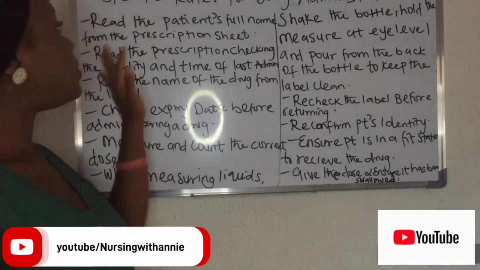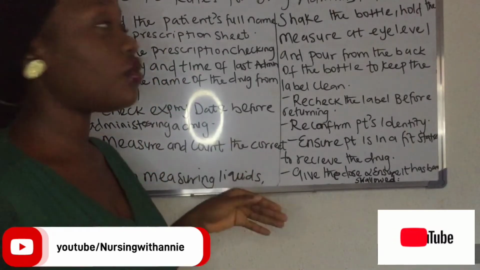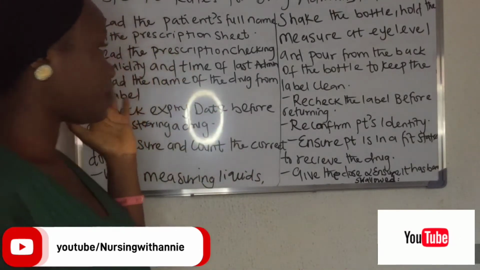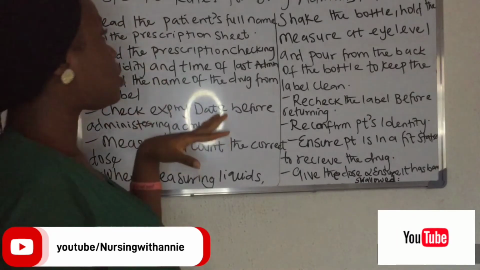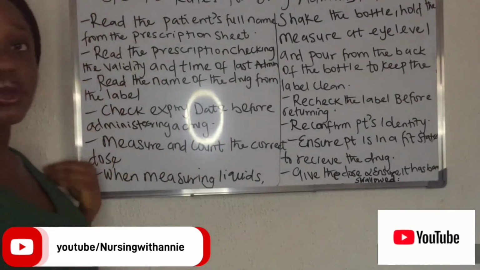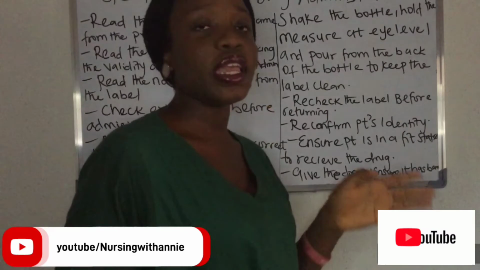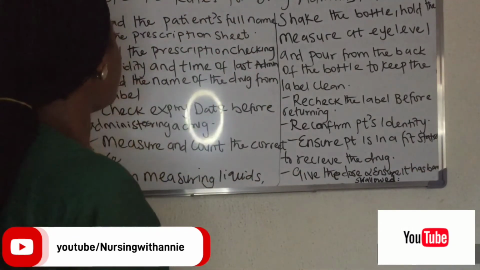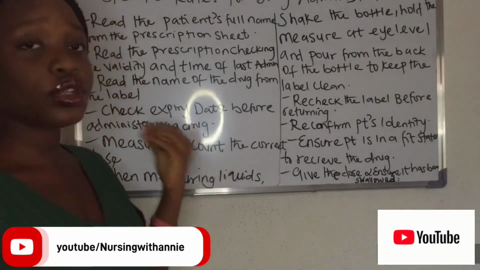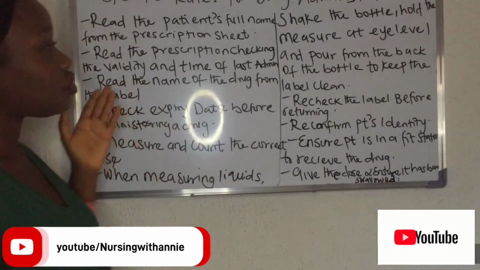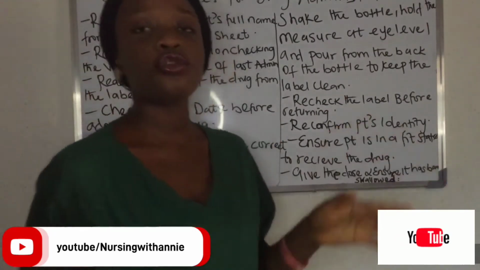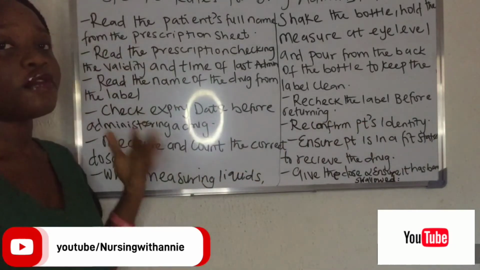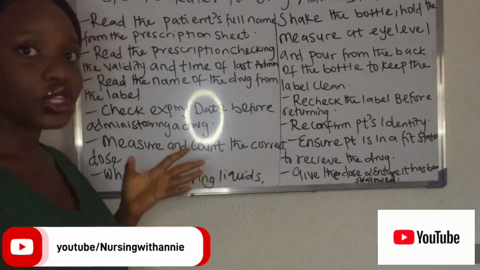And in today's video, I'll be talking about specific rules for drug administration. There is not much information surrounding this. It can go either way, and the first I have is: read the patient's full name from the prescription sheet. Before you administer a drug, you have to read the patient's full name from the prescription sheet.